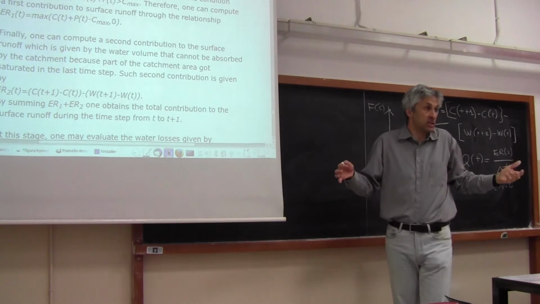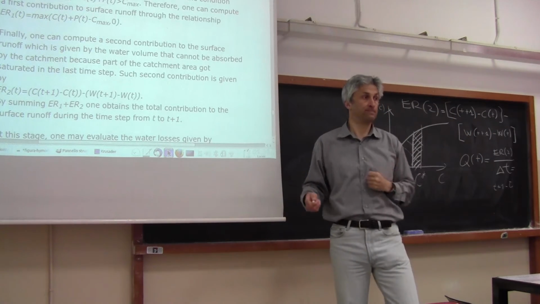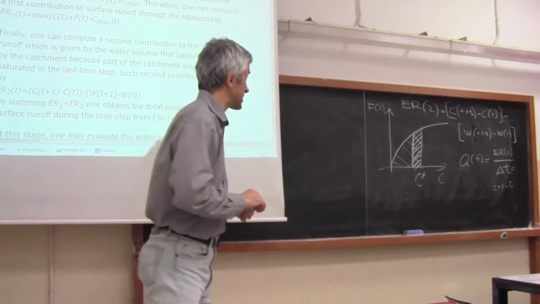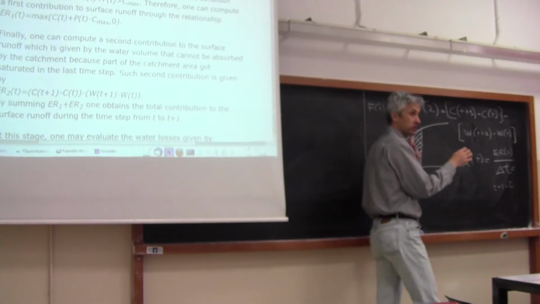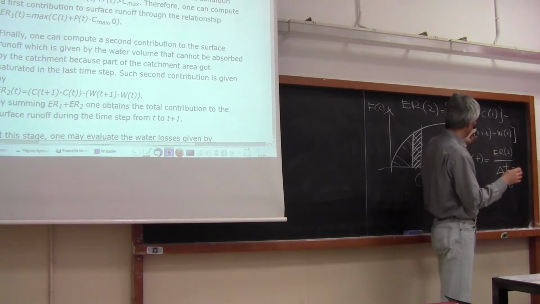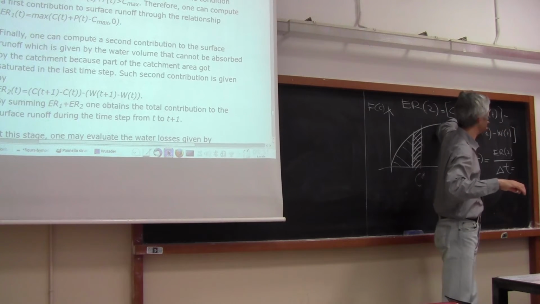What remains is rainfall minus storage, which is runoff. But this works only up to saturation, because when you get to saturation, let's suppose the catchment is already saturated, C doesn't increment anymore.